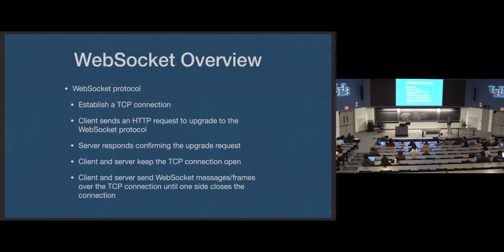And that's going to be our WebSocket handshake, which says we're going to keep this connection open and use it as a WebSocket connection. And for the terminology, we say that we're going to upgrade that TCP connection from an HTTP request response to a WebSocket connection.